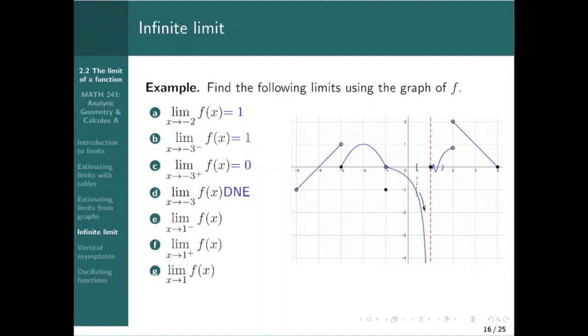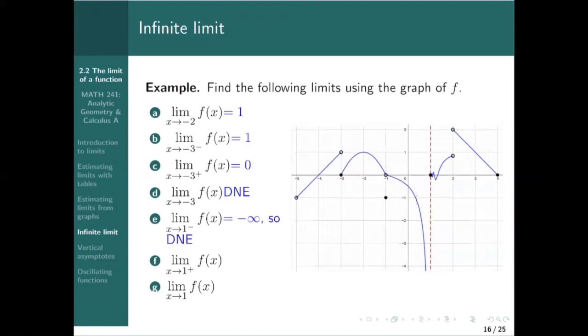So as x approaches 1 from the left, the graph of the function is decreasing, and the graph of the function is almost becoming this red dashed line. So we say that the limit of the function as x goes to 1 from the left is equal to minus infinity. And because minus infinity is not a number, to give the complete answer, we have to state that it's equal to minus infinity, so it does not exist.